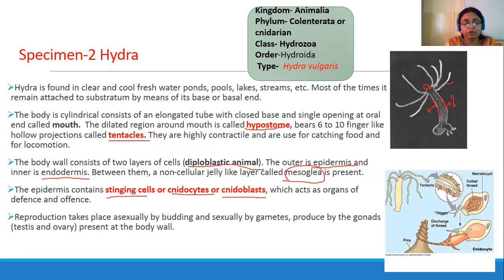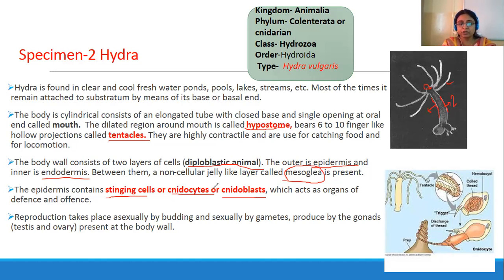In the case of a predator, the predator will simply go away because it gets paralyzed by these nematocytes, these nidoblasts. So it can be used as an organ of feeding, or as an organ of defense or offense when some predator approaches it.